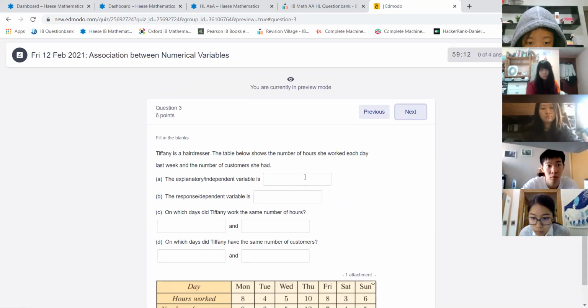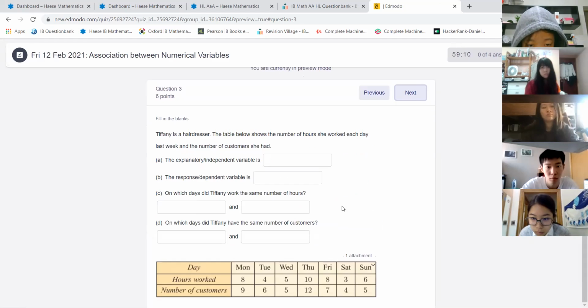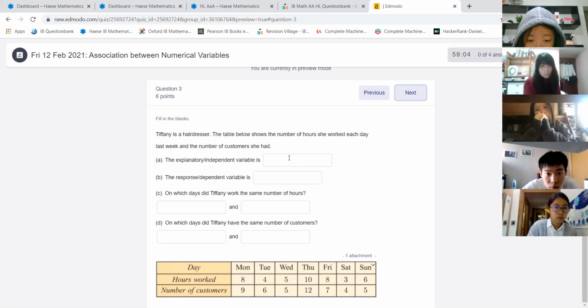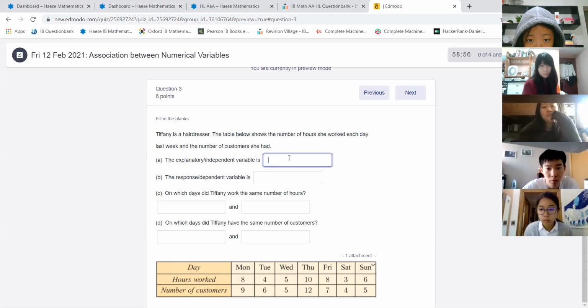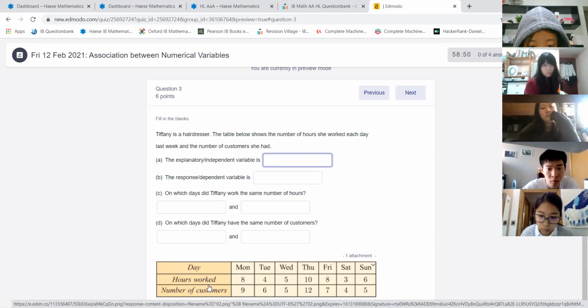Then here, I need you to look at these two and tell me which one is the independent variable and which one is the dependent variable. Now, when writing this, because this is auto-graded, write something like hours or numbers, no capital letters, but copy exactly what is here.